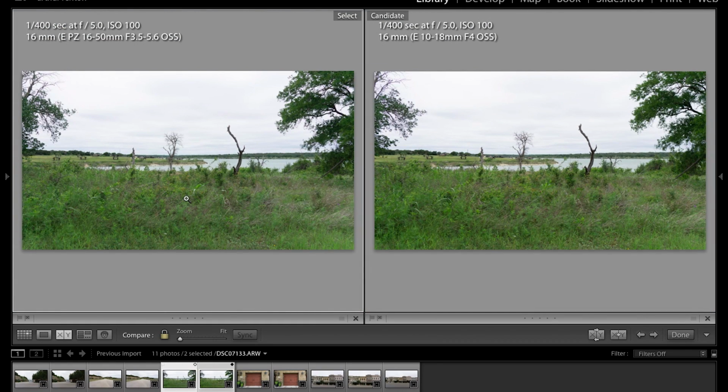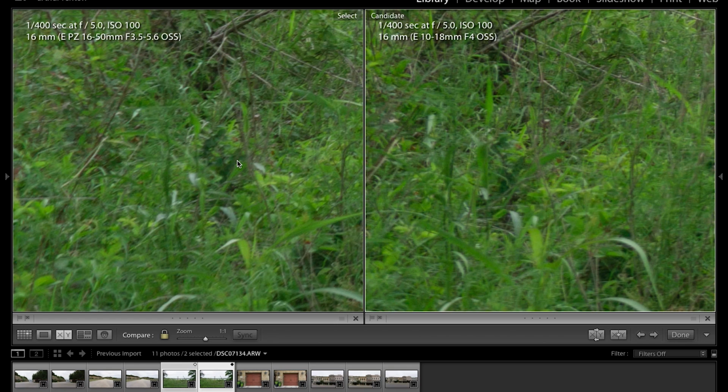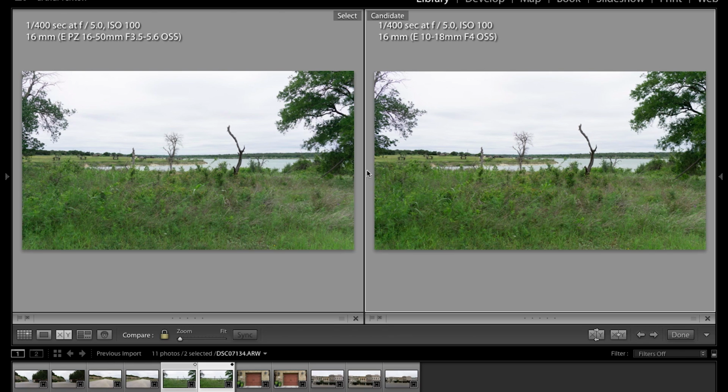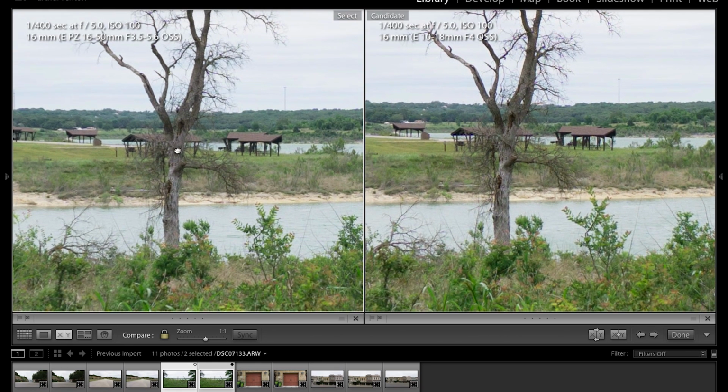Next shot, this is of a lake here, and what's interesting is you will notice that there's a little bit more contrast with the wide angle lens. So this is stopped down to f5, and for whatever reason the grass seems greener with the 10-18 here, but let's take a look at center sharpness. This tree here in the center.